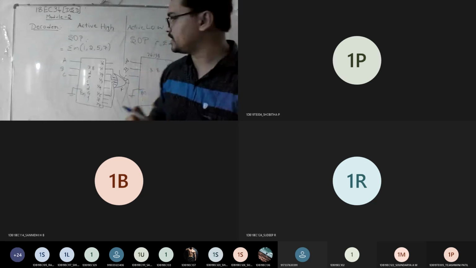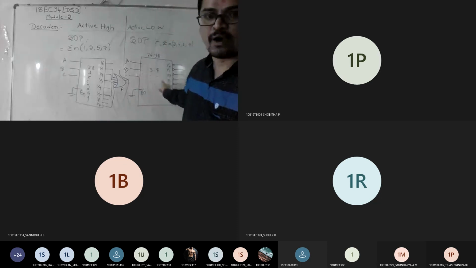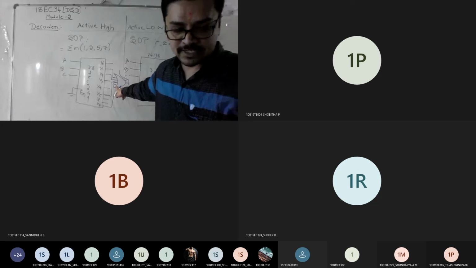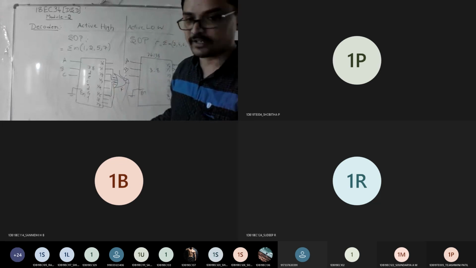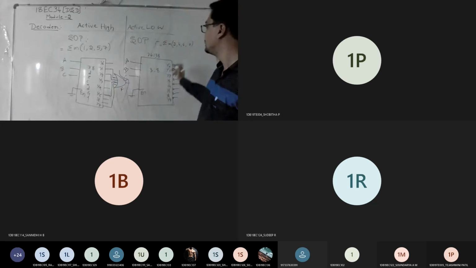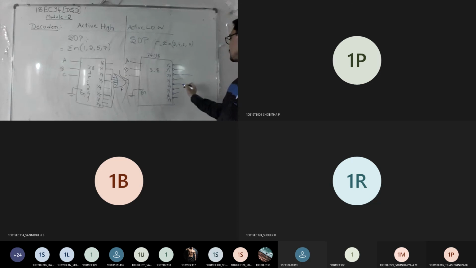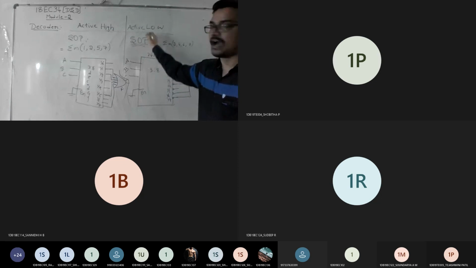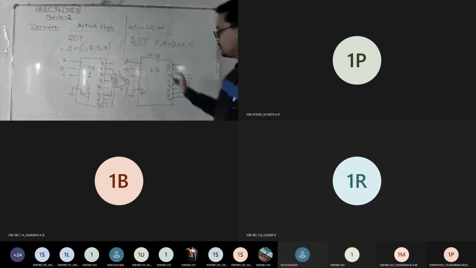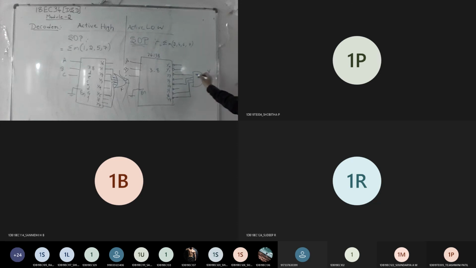NOR gate. I'll repeat, here what you did should be complemented. So here it was OR gate, and not NOR gate, sorry, it is NAND gate. I'll repeat, 2, 4, 6 and 7. If it is SOP active low, you need to connect to your NAND gate logic. So there should be a NAND gate, and this is your final output as a function.